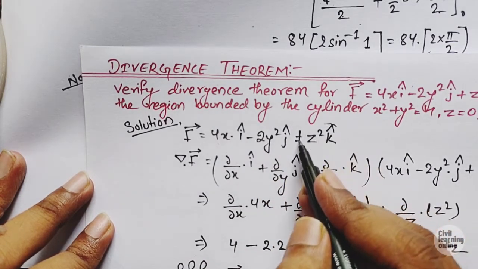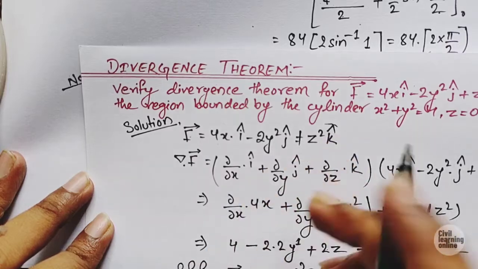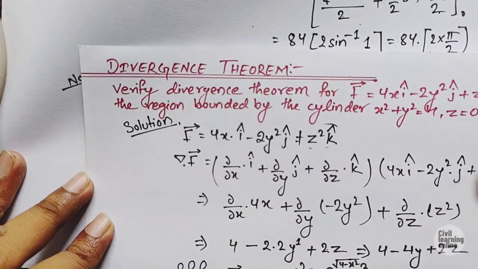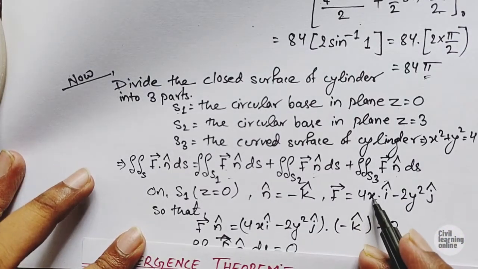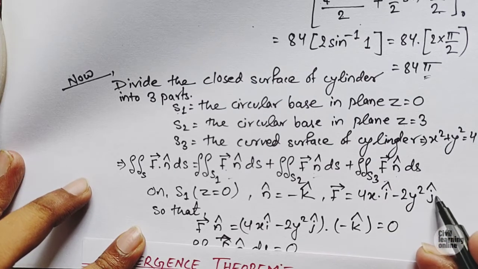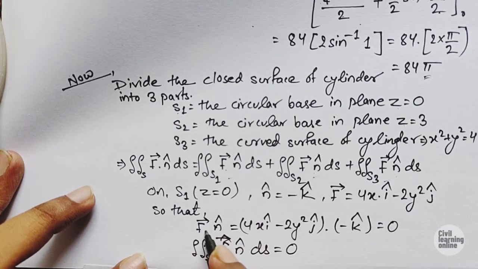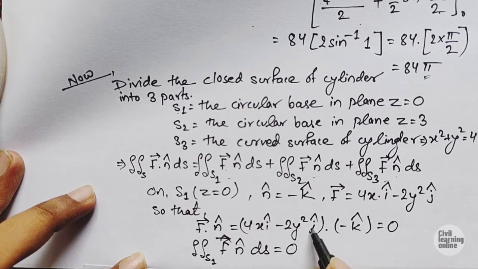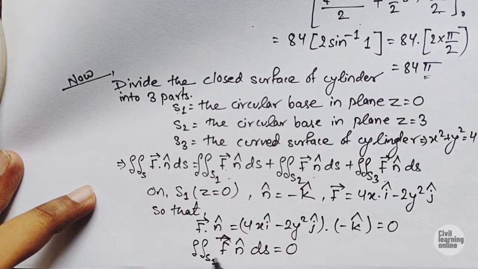As this surface is on the xy plane, the z term will be omitted. So f equals 4x times i cap minus 2y square times j cap. Now we need to find the product f dot n cap. The k cap with i cap gives 0, and j cap with k cap gives 0. So the surface integral over the first surface at z equals 0 is 0.